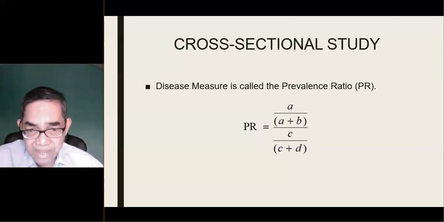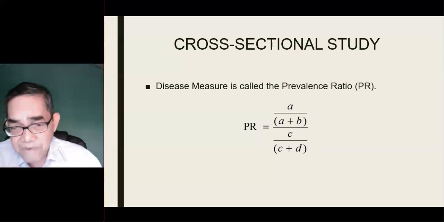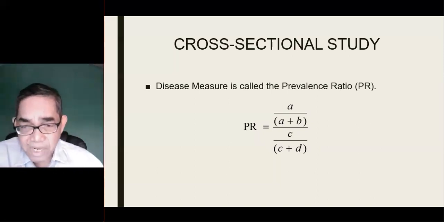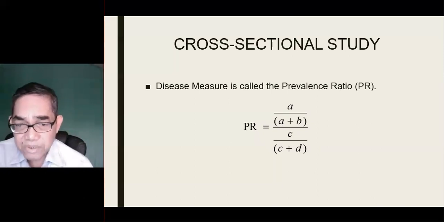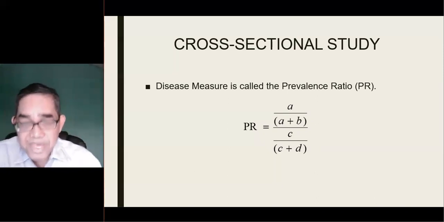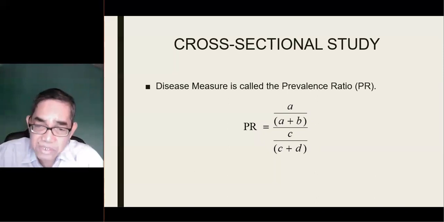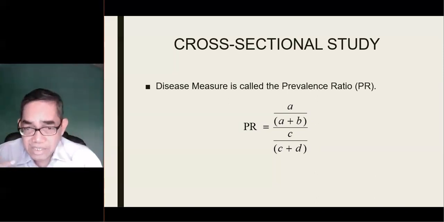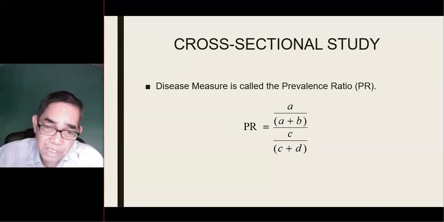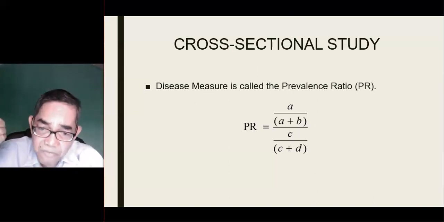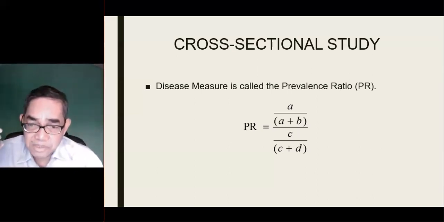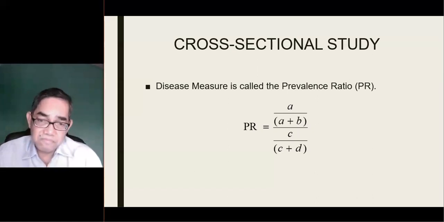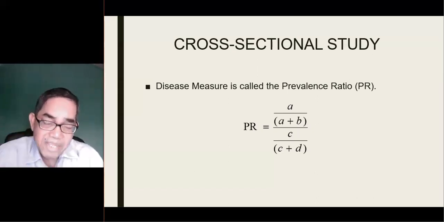They are at risk of having the disease. So the exposure variable is a risk factor to the disease, except that in a prevalence ratio, as we said, in a cross-sectional study, we cannot really talk of risks because of that bias, which we call temporal ambiguity.